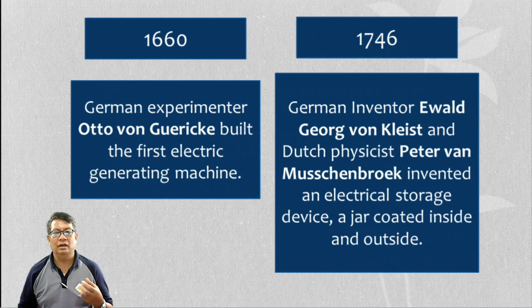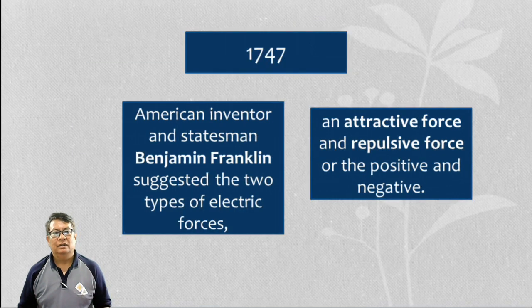that stores electrical energy. In 1747, an American inventor and statesman, Benjamin Franklin, whom I think you are familiar with, suggested that there are two types of electric forces, called the attractive force and the repulsive force.